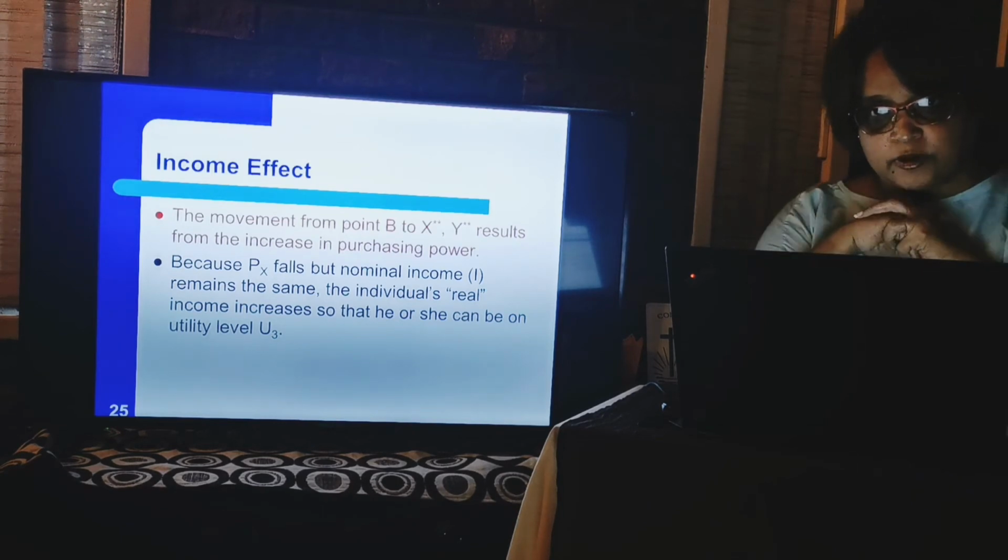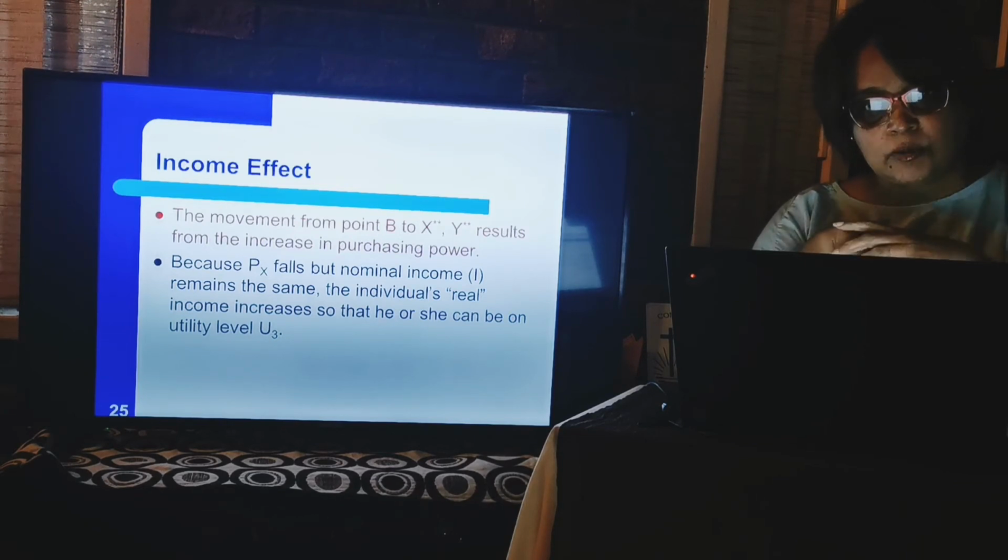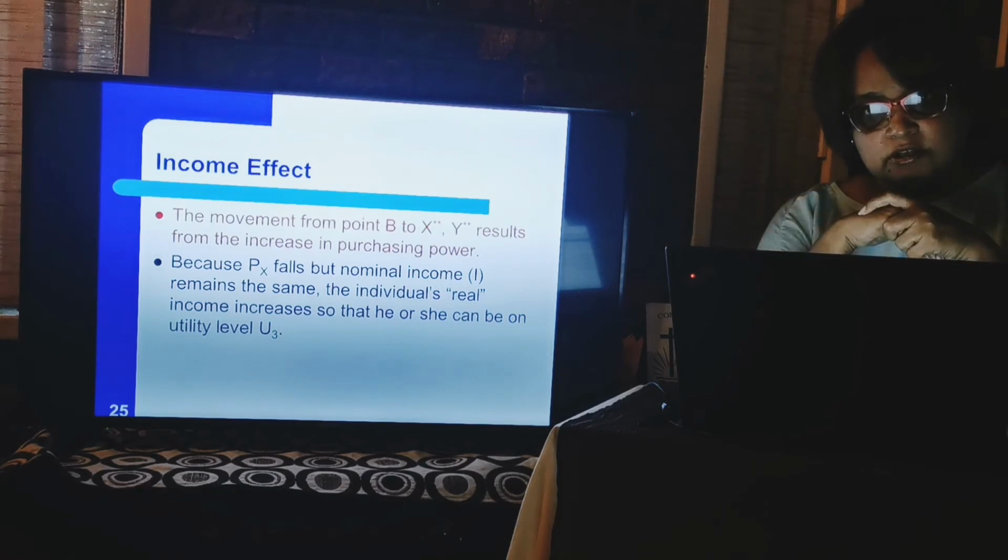What specific product is this? You've guessed correct: an inferior product. Because you will buy less irrespective of whether there was an increase or a decrease in your income. But because your prices dropped, you will have a certain demand.